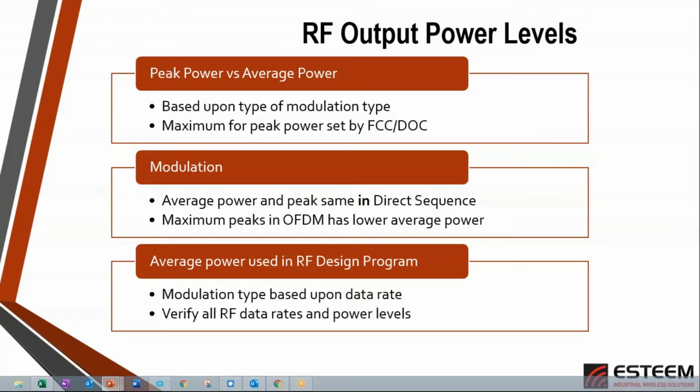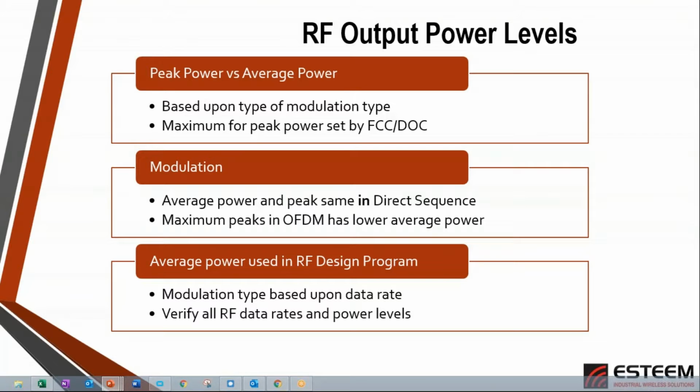Now, what happens is as the particular type of modulation that allows us to go high speed, that OFDM, or orthogonal frequency division multiplexing, as the radio increases in throughput, the average power level is actually decreased. The peaks within those are the same, but the average power level is overall decreased.